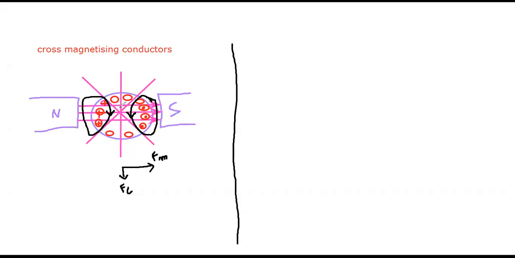We know the value for the demagnetization conductors in this region and in this region. We are asked to calculate the value for the cross magnetization conductors for this region.